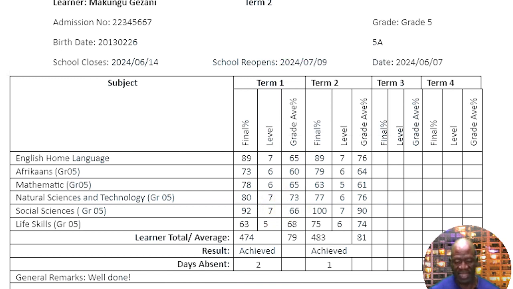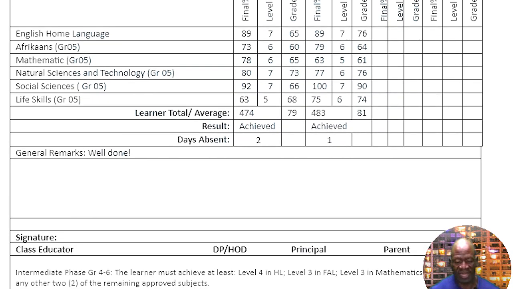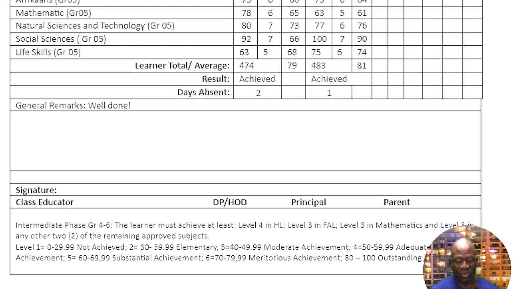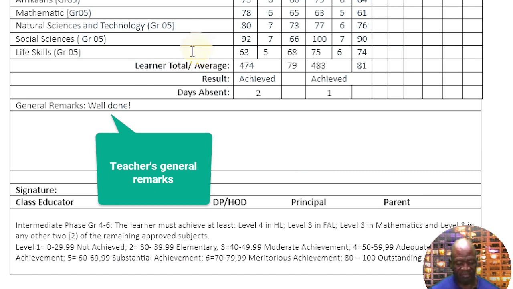All right, and then to move to the next step, it's where we speak about the constructive feedback, which becomes the general remarks that the teacher makes on the performance of the learner. Okay, so this is the information which is represented here in terms of the remarks that the teacher might have commented or remarked on.